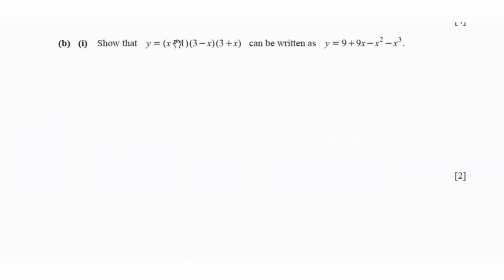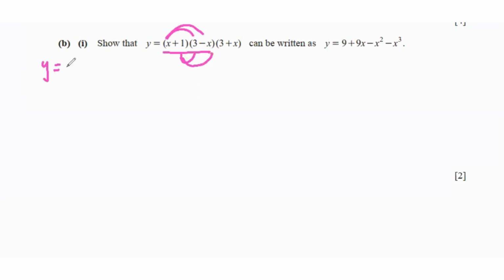Show that y equals x plus 1 times 3 minus x times 3 plus x can be written as this. So let's expand the brackets. Y equals, expand the first two brackets: x times 3, x times -x, 1 times 3 and 1 times -x.